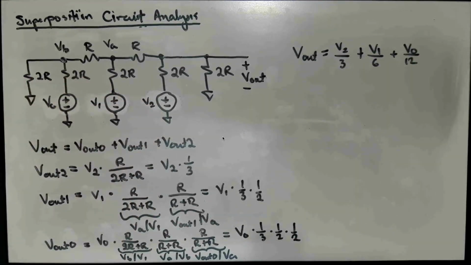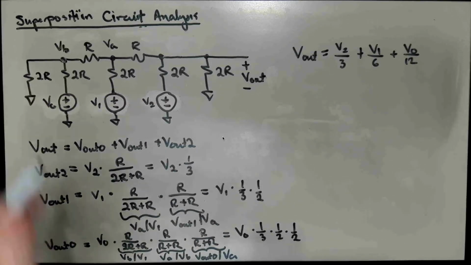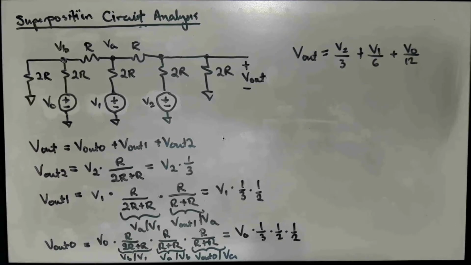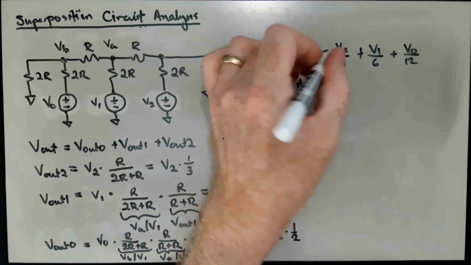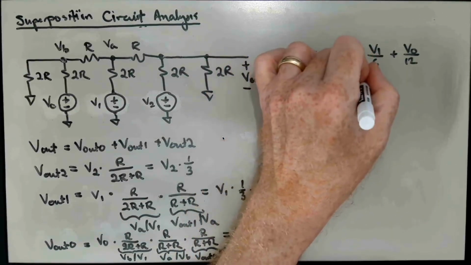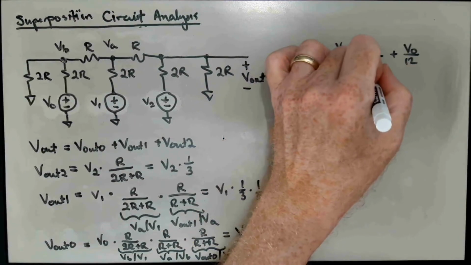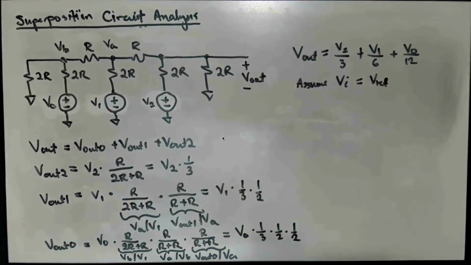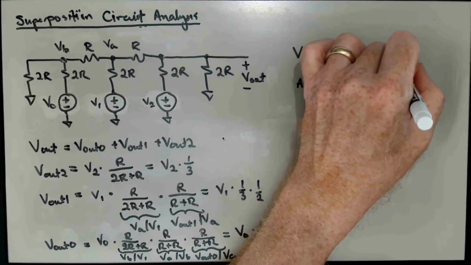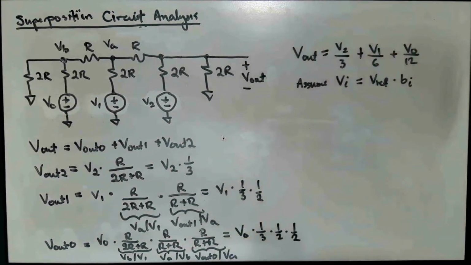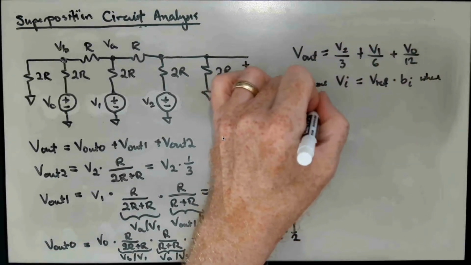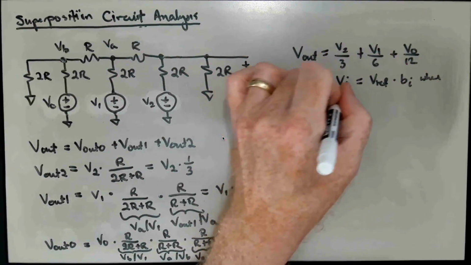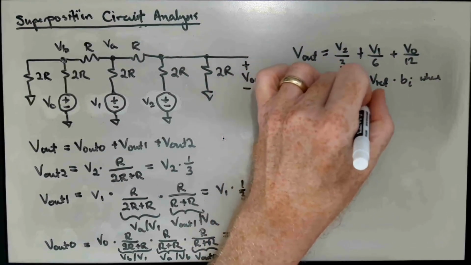So we didn't say anything about what these V0, V1, and V2 are. We didn't make any assumptions about what values they had. Let's assume that input Vi is of the form some Vref, some reference voltage, times a variable which we're going to call Bi, where Bi is an element of the set {0, 1}.